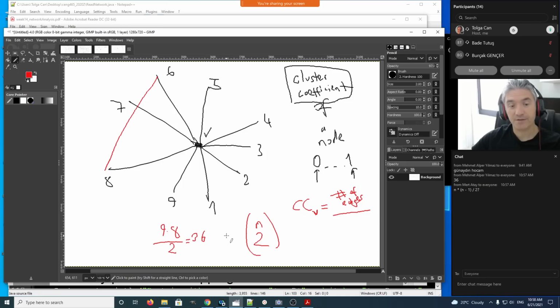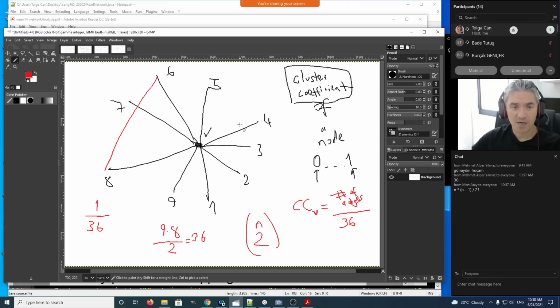So 36 edges are possible for this particular vertex, and if only one of those 36 possible edges is present, its clustering coefficient becomes 1 over 36. The largest it could be is where its neighbors form a clique.